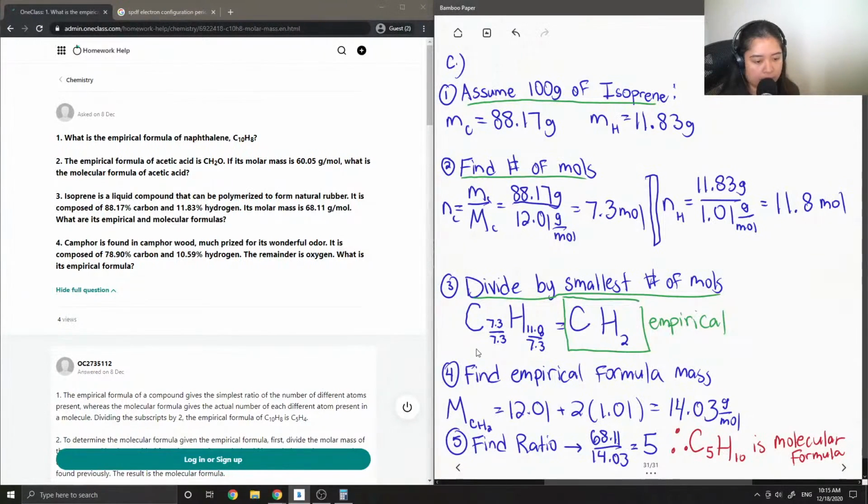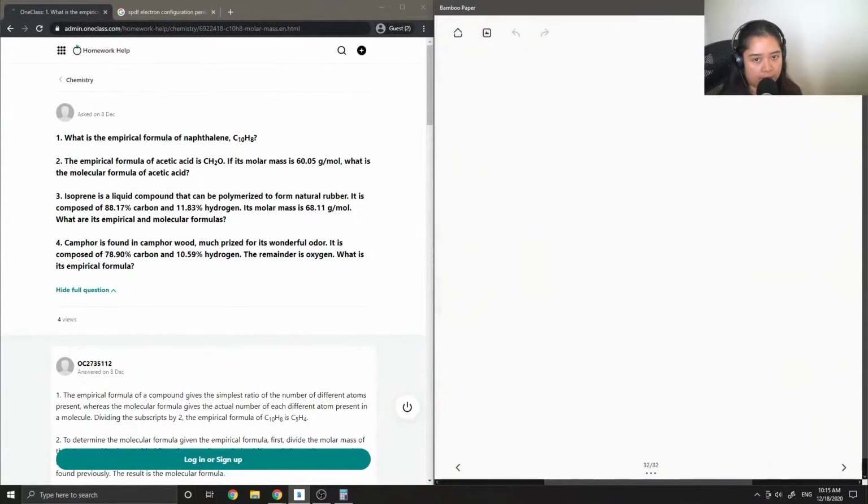Okay, so CH2 was our empirical, and then C5H10 is our molecular. And now let's answer part D. I'll also start a new page again.